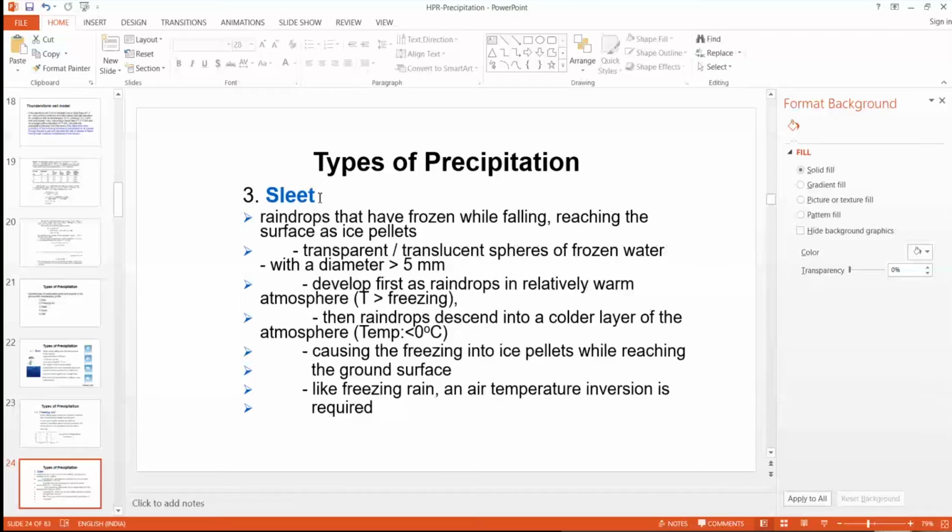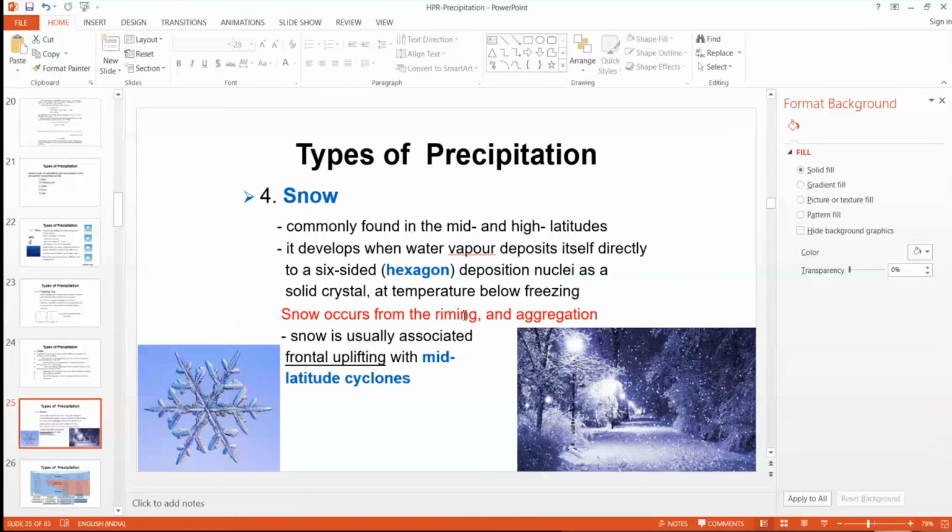So I will show another figure to understand it better. Then snow. Snow is generally found in mid and high latitudes. For example, at altitudes above, like you can say 50 degrees, mostly there is snowfall.